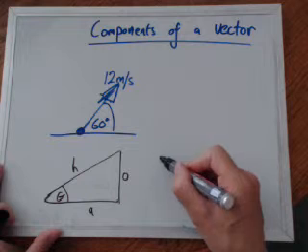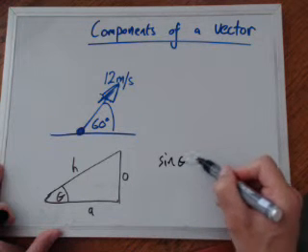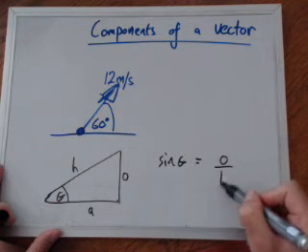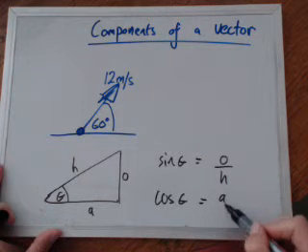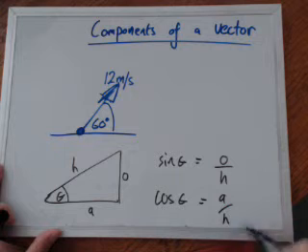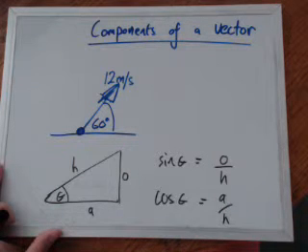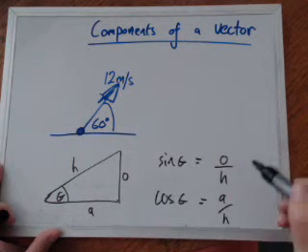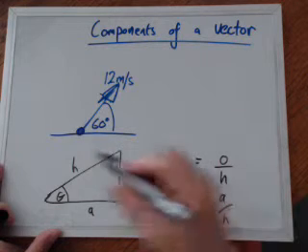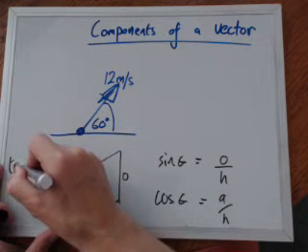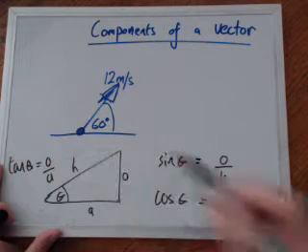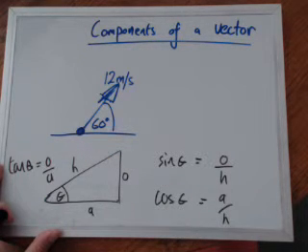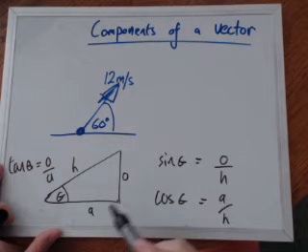Now remember, sine theta equals opposite over hypotenuse, and cos theta equals adjacent over hypotenuse. And the other one, tan theta, equals opposite over adjacent. Those are the ratios that you should remember with this diagram.